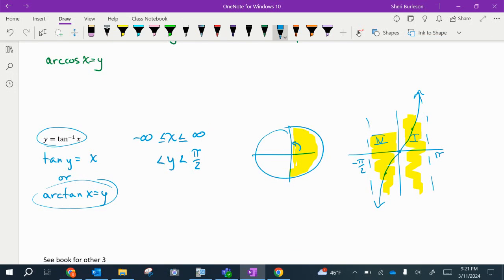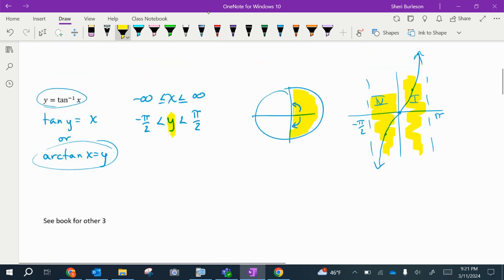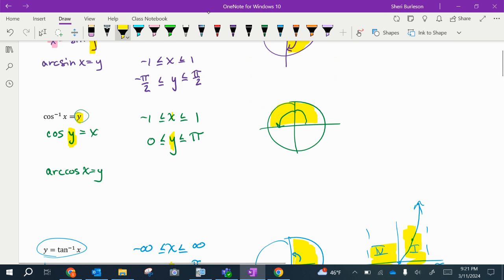And in the negative rotation, again, we can't equal the vertical asymptote, only up to it. So our angles are going to fall between negative pi over 2 and pi over 2.